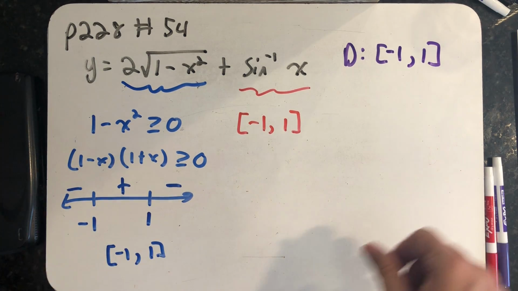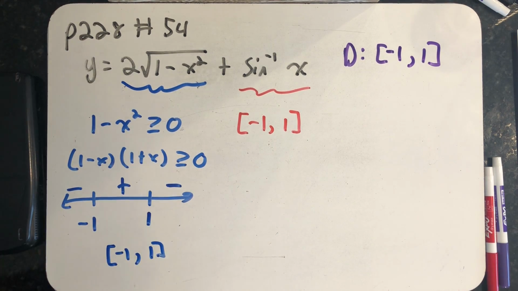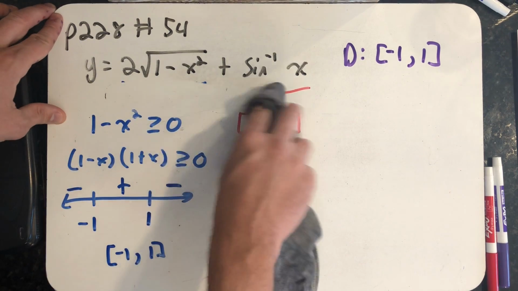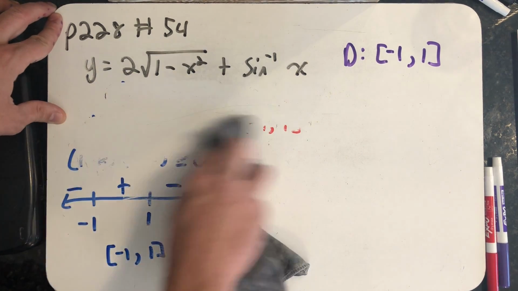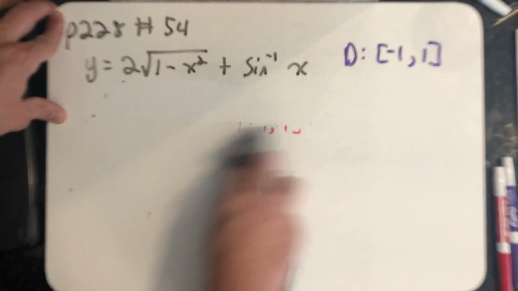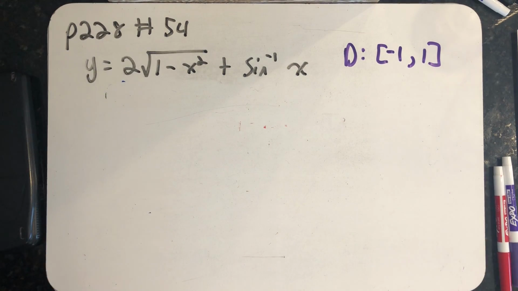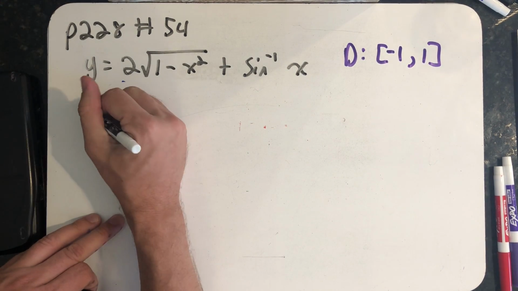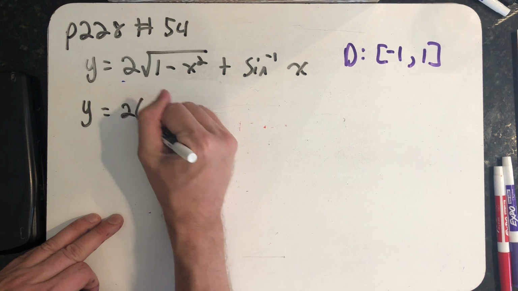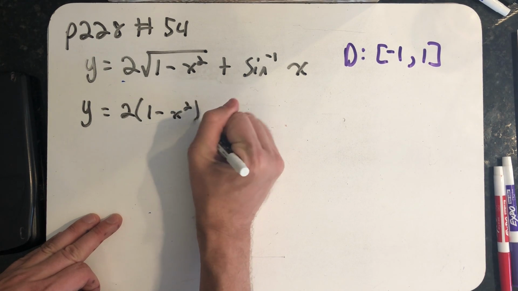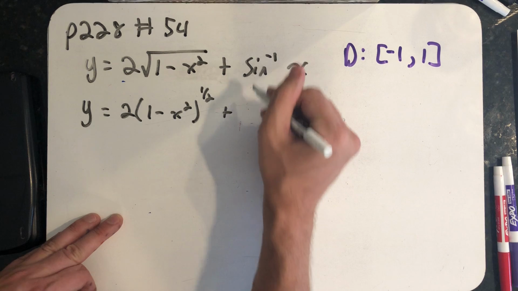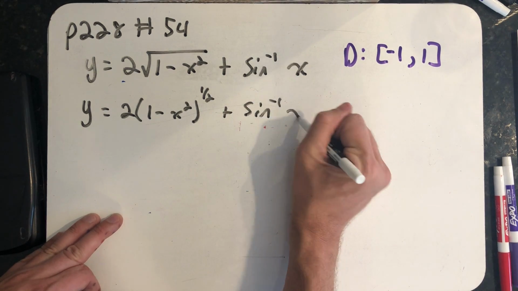And so now that I have the domain, I can think about finding a critical point. So let's take a derivative. First, I think I'll rewrite the square root part with an exponent. I know the derivative of inverse sine, so we'll just leave it alone.